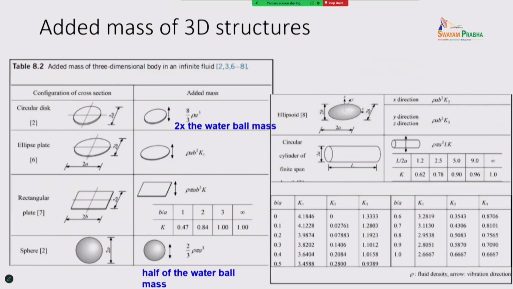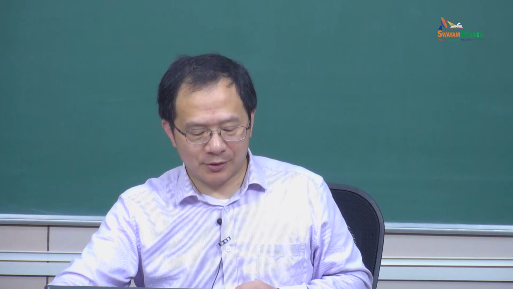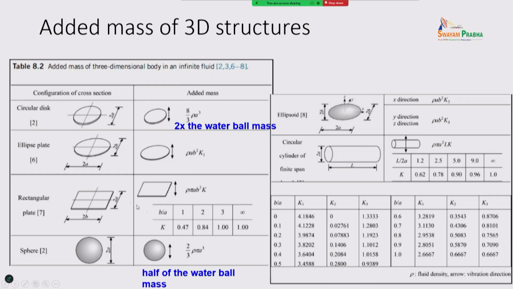Now you have a ball, what if you have a disc? You move the disc up and down, and you also see here, the ball is half of the mass. The added mass of this disc compared with the ball is much larger, right? It's 2 times. Sure, you have a square shape and you have a different mass.